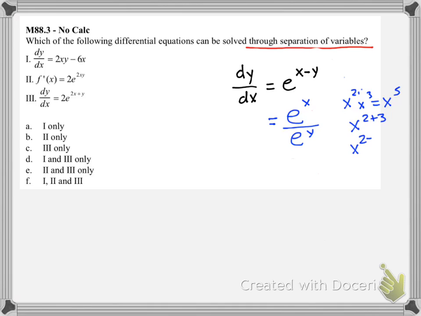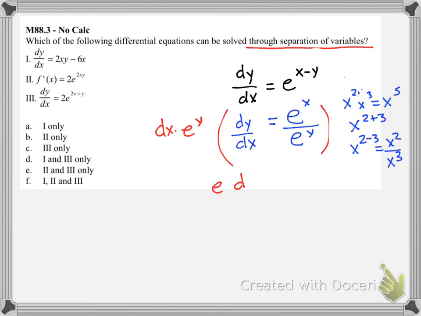Similarly, x to the 2 minus 3 could be written as x squared over x cubed, just like we've written this here. Now we can separate these. I'll multiply everything by e to the y and dx. And on the left side, we will get e to the y dy equals e to the x dx, and it would be simple to separate those. They've already separated. It'd be simple to integrate and solve.